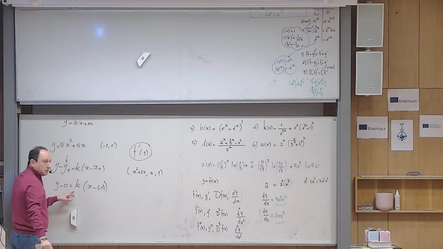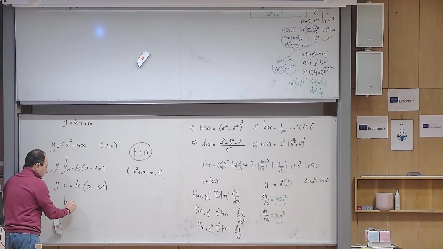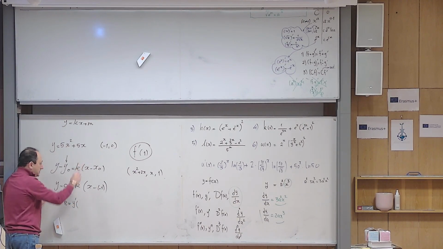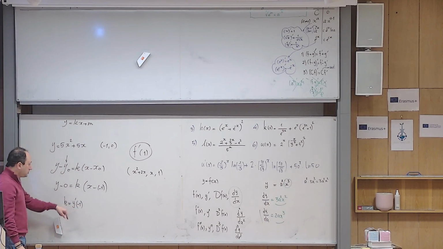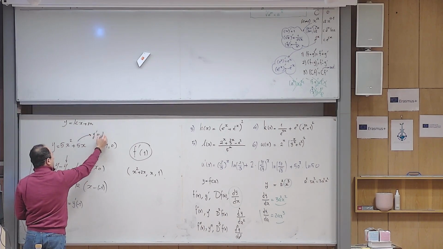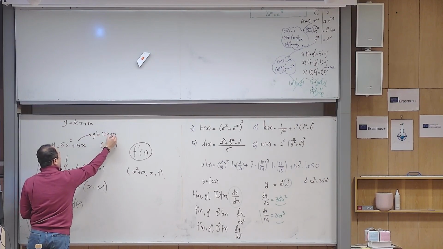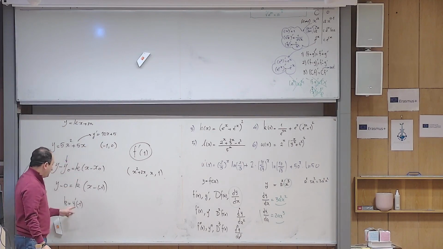Yes? But what is the k value? The k value is the derivative at which point? At the x coordinate of the point of tangency. So in this case, it should be y prime at minus 1. But I just told you y prime of minus 1 means first differentiate, which becomes 10x plus 5, and then replace x with minus 1.